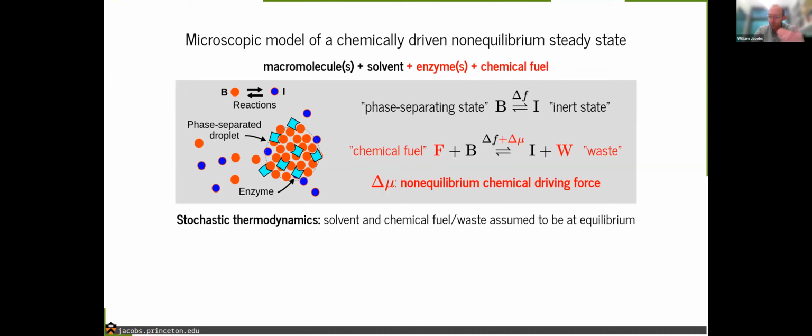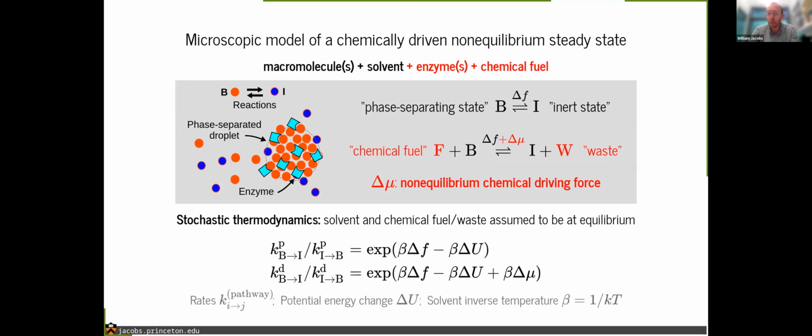Okay, so within the language of stochastic thermodynamics, we are assuming here that the solvent and the chemical fuel and waste are all at equilibrium with some inverse temperature beta. And local detail balance then gives us constraints that have to be obeyed on both of these reaction pathways, so that the passive 1P and the driven 1D both have to obey these relationships between forward and backward rates.